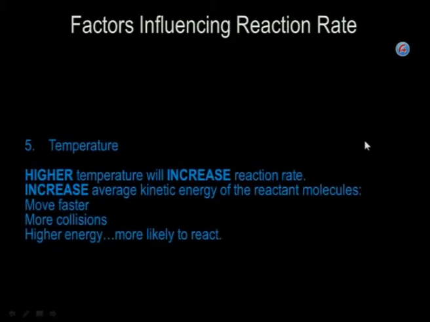Temperature. A higher temperature will increase reaction rate. Why? Because a higher temperature would increase the average kinetic energy of the reactant molecules. Kinetic energy means they move faster. If cars drive faster, you have more collisions.